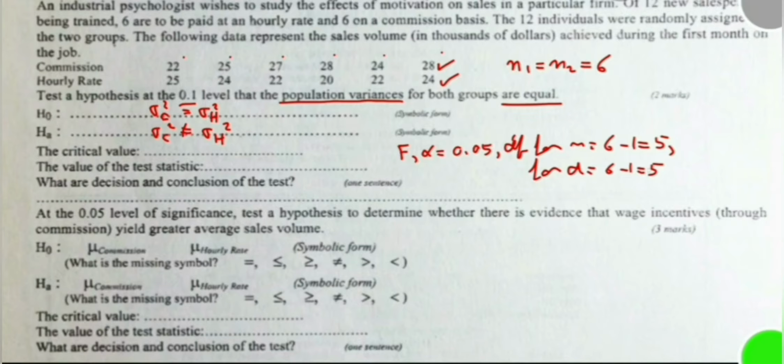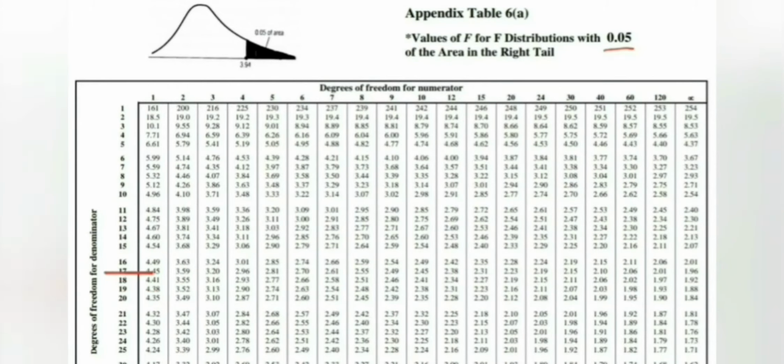Column 5, row 5. You have to read the critical value at column 5, row 5 in the F table. Degrees of freedom for the denominator is the row number. Degrees of freedom for the numerator is the column number. Column 5, row 5, we see 5.05.